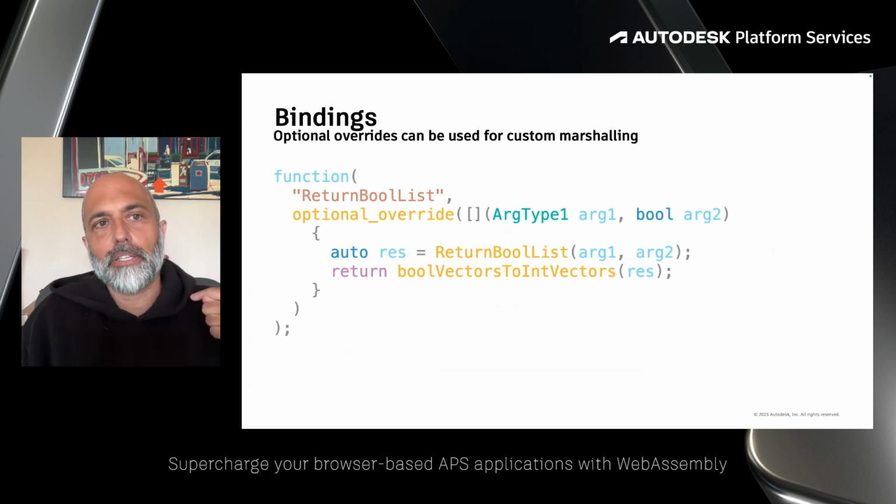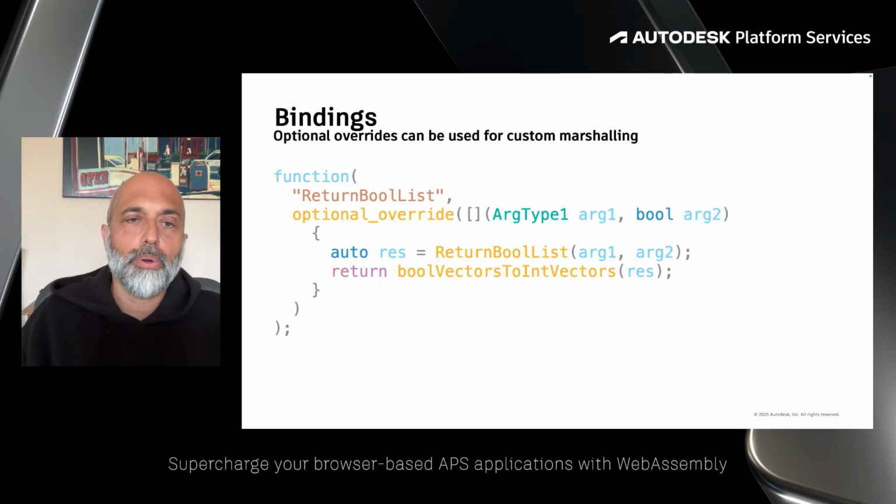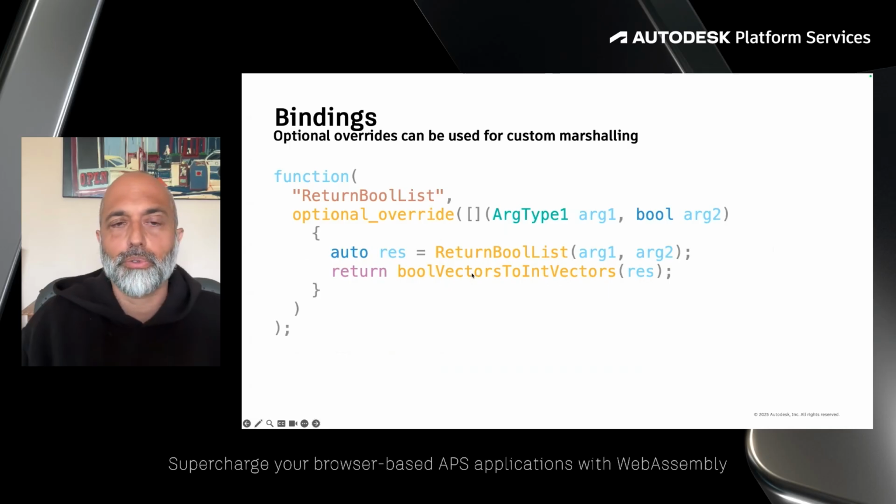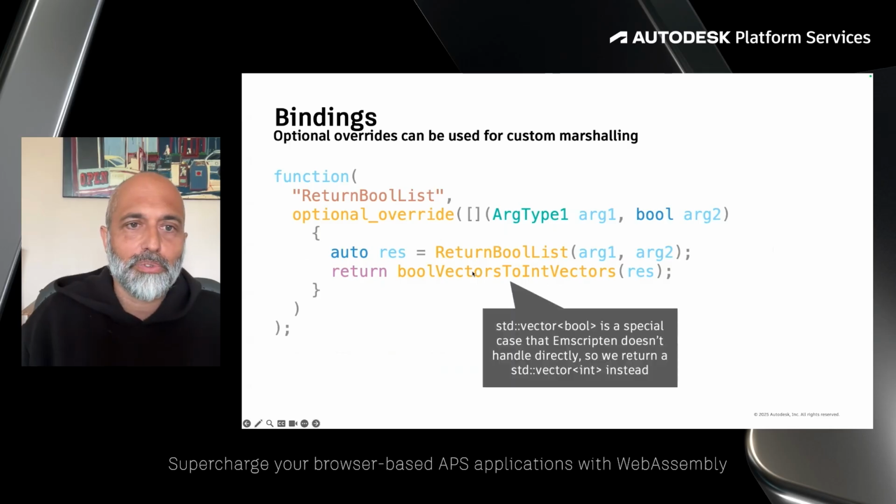But as it's not supported in Emscripten, here we've got a function that returns a bool list in C++. We're going to call that, and these are our results, and then we're just going to use a helper function to translate our vector of bools to a vector of ints, and then we return that. Okay, and there's a description of what that does. So here we're just returning a standard vector of ints instead.